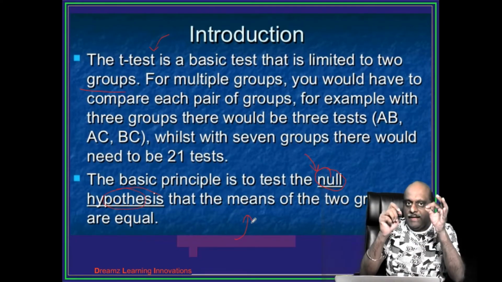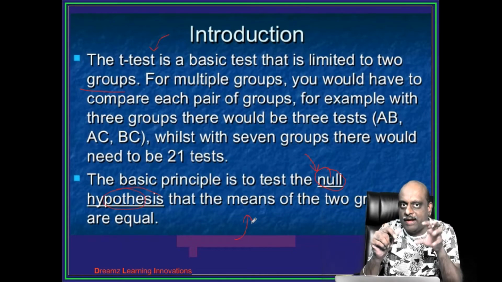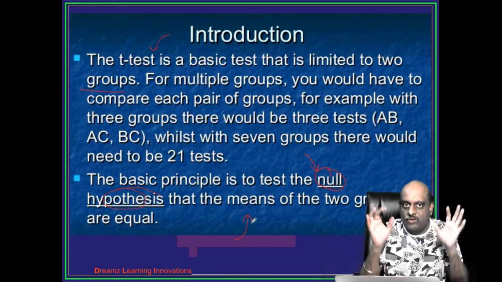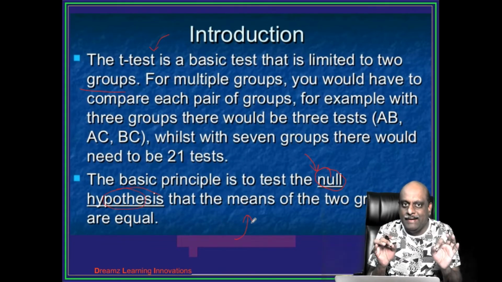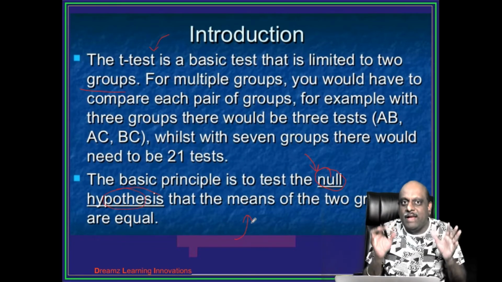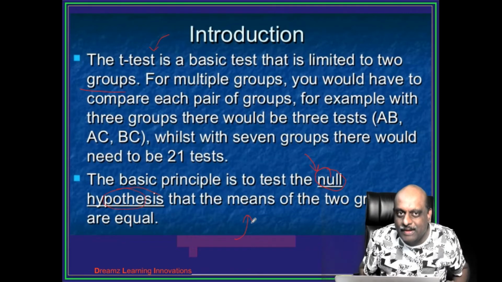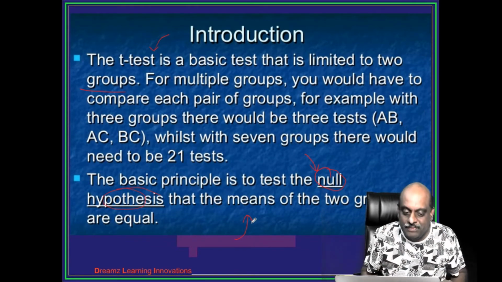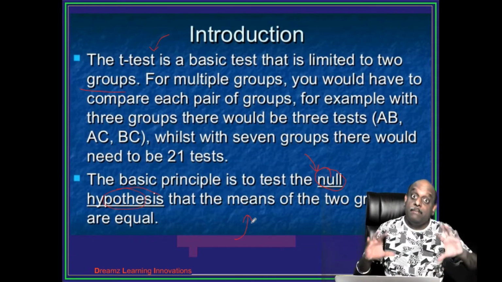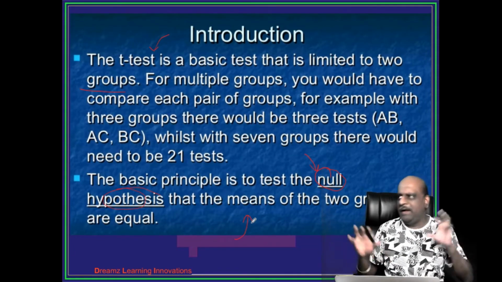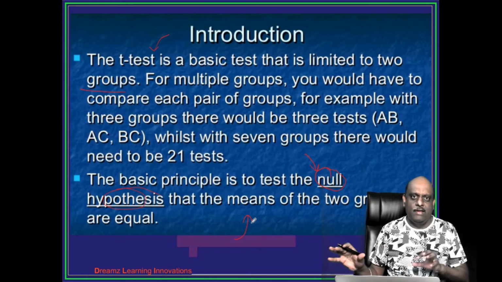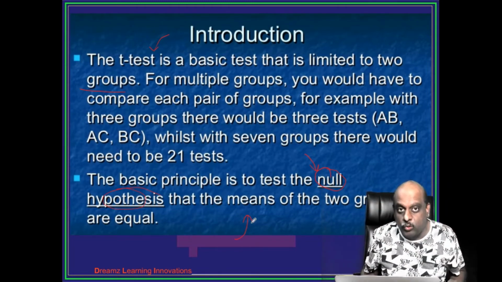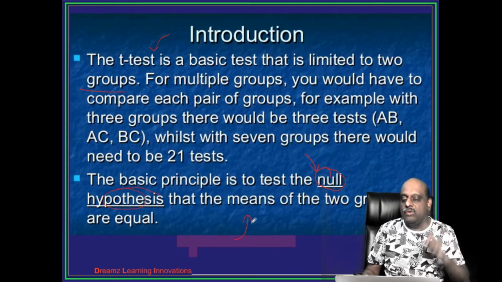So fundamentally, T-test is used when there are two groups which are compared. If there is a continuous variable which is being compared and you are comparing the mean value of that continuous variable in those two groups. But if there are many groups, Bombay, Delhi, Agra, Islamabad, Karachi, if you are having multiple groups, then we use another test.